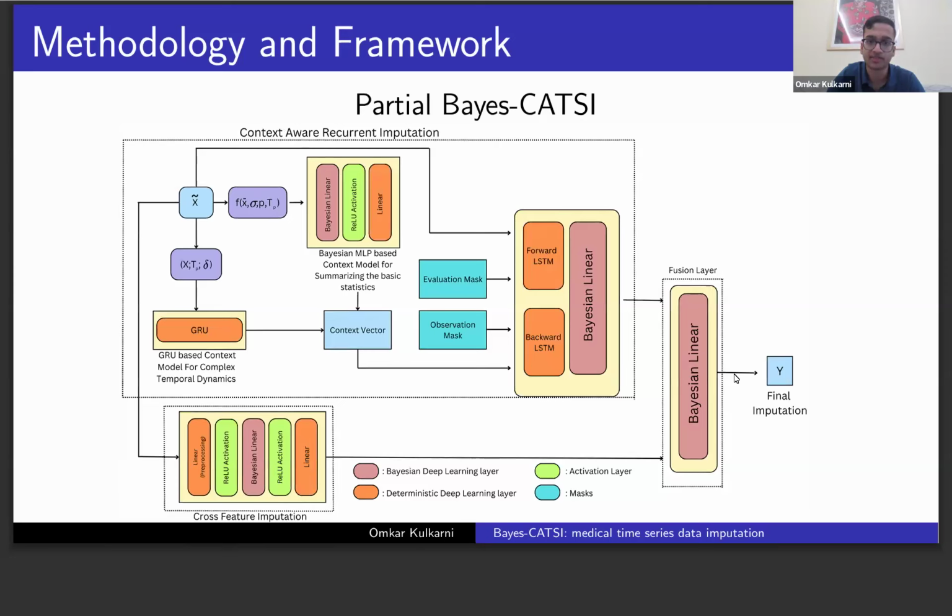Coming to partial Bayes-CATSI, as we see here, we have only used Bayesian linear layers, and these layers are sparsely distributed in all of the components of the model. This reduces the computationally intensive nature which we found for Bayes-CATSI, and allows us to test our model on a higher cross section of time series.